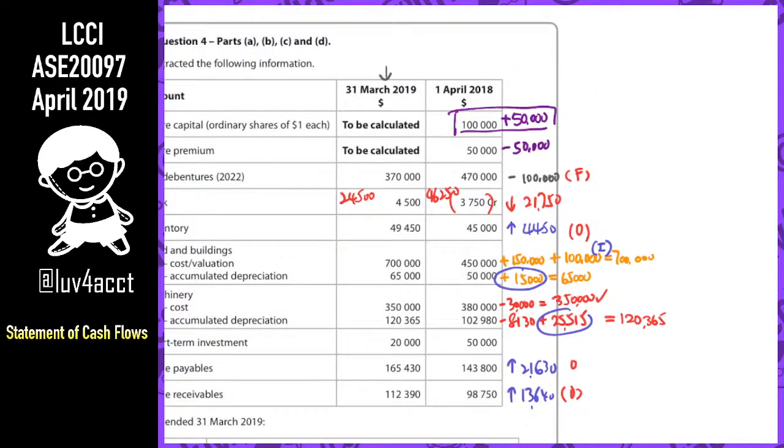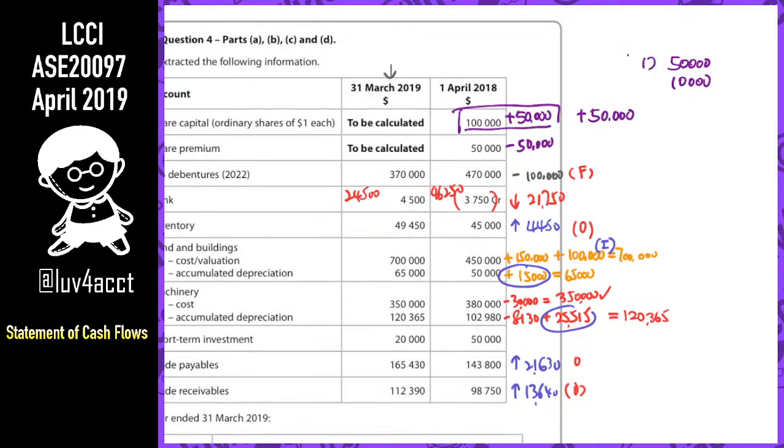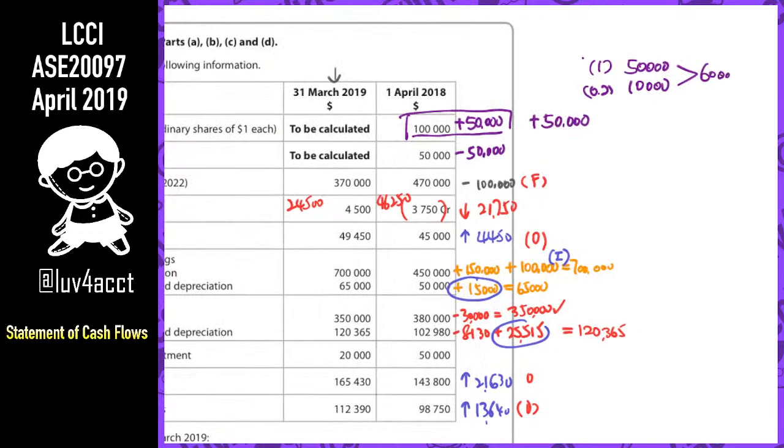That means we are going to issue 50 more, okay, at 1.2. Okay, that is 50, and then 0.2, that is 10. This is 1, this is 0.2, the share premium, and together we have 60,000.